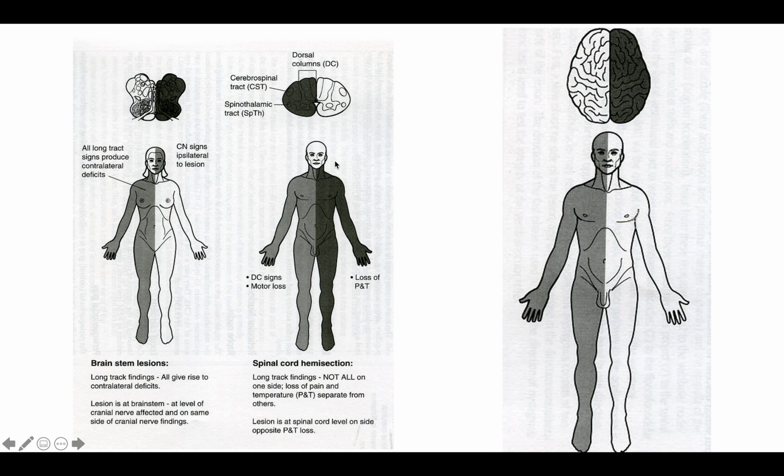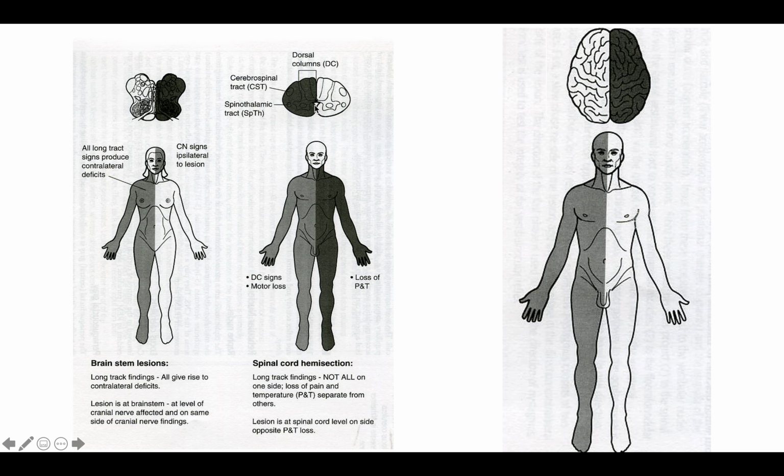But because, remember how I told you the spinothalamic tract decussates or crosses over at the level of the lesion, you're going to have opposite pain and temperature symptoms compared to your fine touch and vibration sense and your motor loss. So, like I said, this guy has a lesion, or let's say a Brown-Séquard, which is a lesion we'll get into later, of the spinal column.